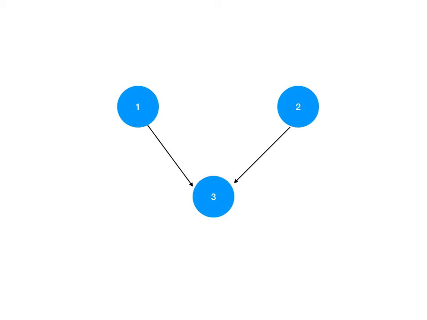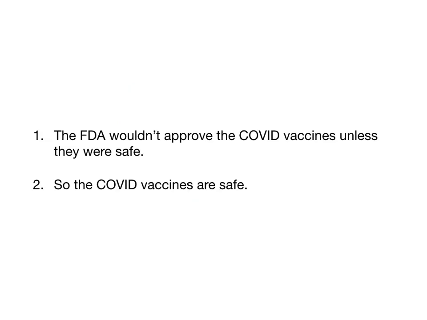This is the way you diagram independent support: 1 and 2 both pointing to 3, giving some support for this claim. And notice, if you reject either premise, the remaining premise still gives you some support for the claim.